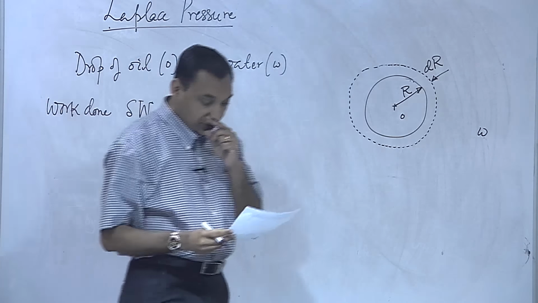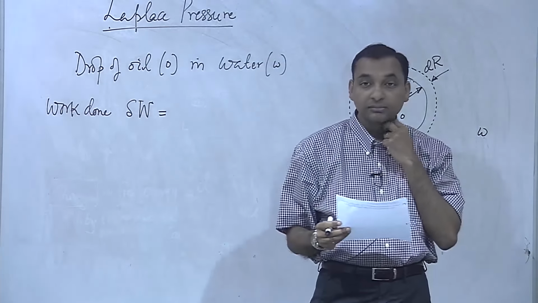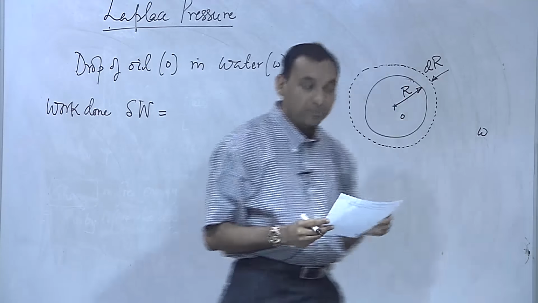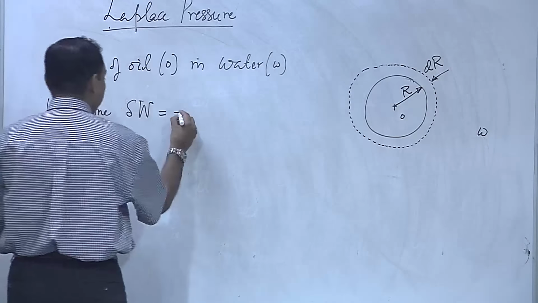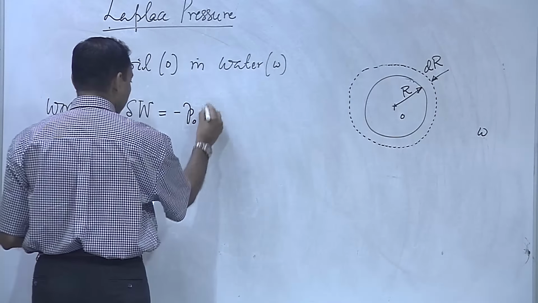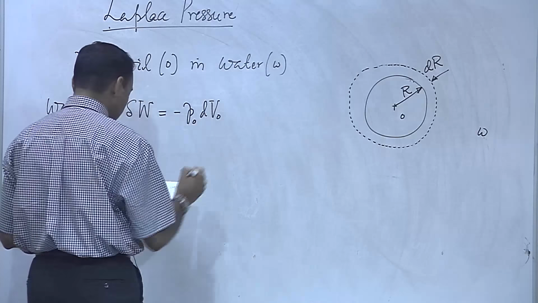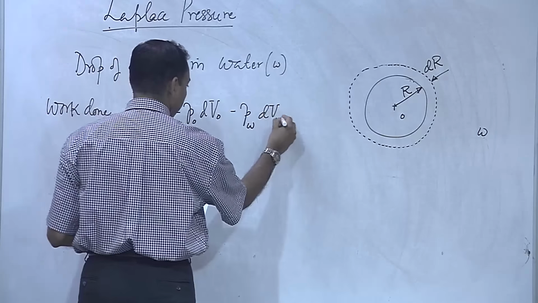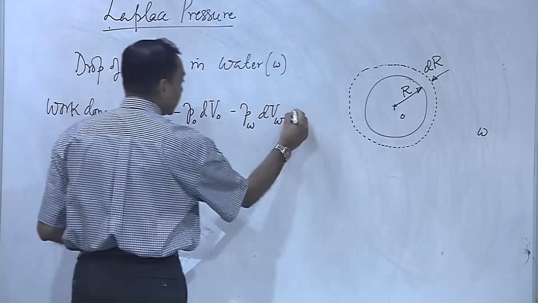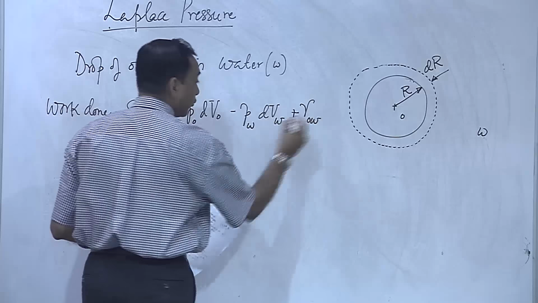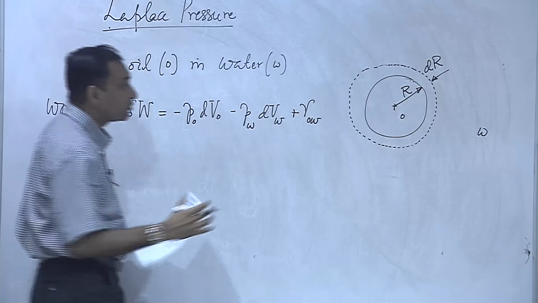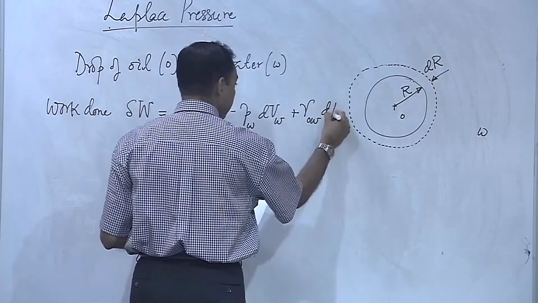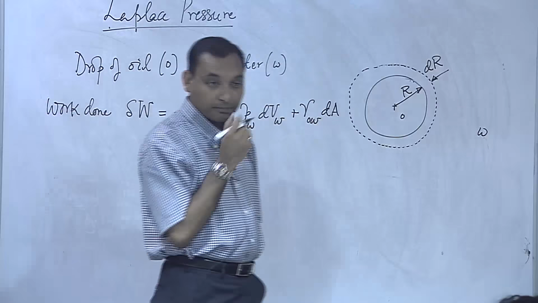There will be pressure volume work, P naught dV naught. Then the pressure of the water times the volume of the water, and then gamma oil water, because I have created additional area, so I have increased the area, which is dA, correct.